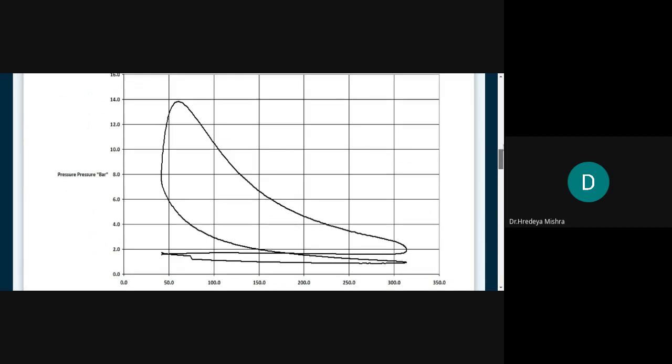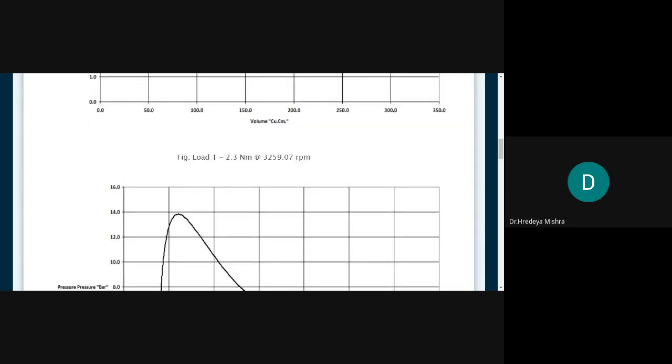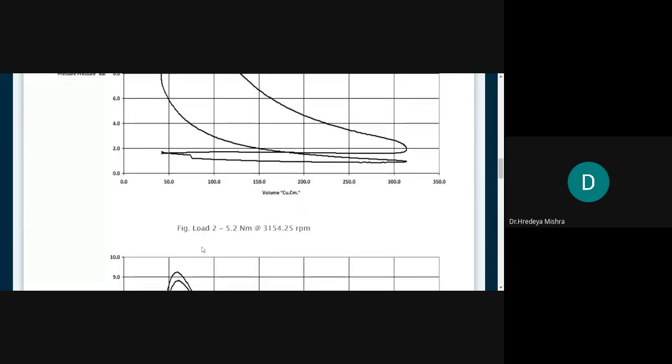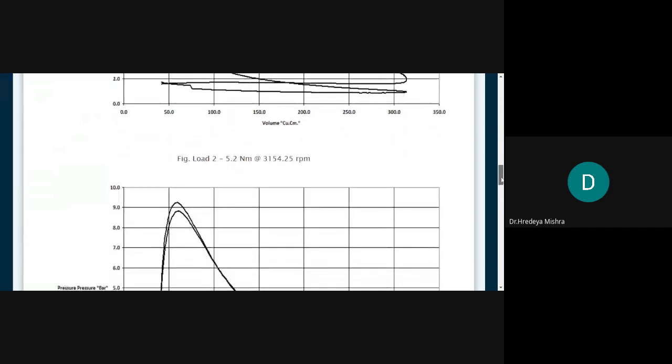See here, and this is the load, 2.3 Newton meter at 3259.07 RPM, and here load 2 is 5.2, and this is the speed.